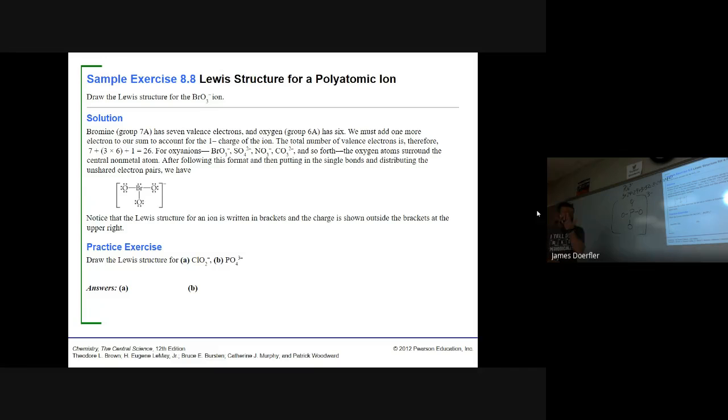So that would be our completed Lewis structure for PO4 3-. But that's where we get into today's discussion. Okay?